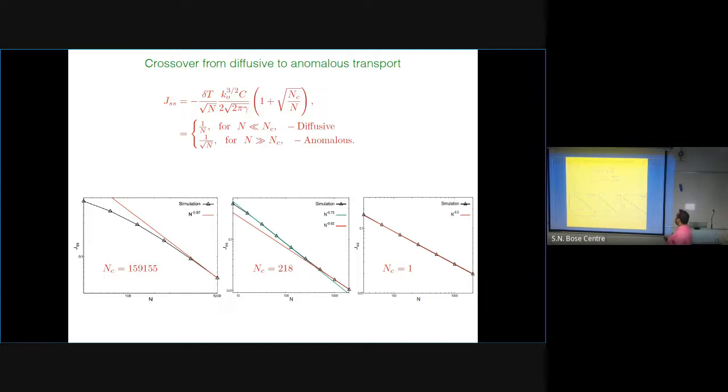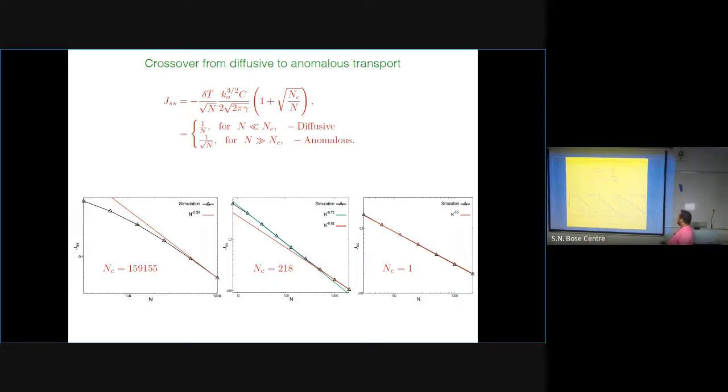So it's very difficult to numerically demonstrate a crossover from diffusive to anomalous for a particular choice of parameters. For example, if I choose a parameter where nc is 1, you don't see the diffusion, because diffusion is actually below 1, where you don't have any hydrodynamics. So here I see the scaling of minus 0.5, which is anomalous scaling.